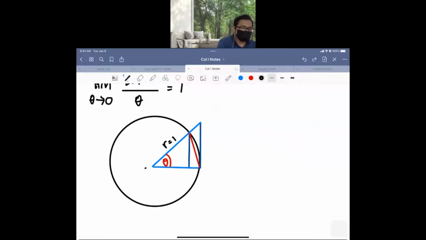So I say this is O, A, this is D, B, C, and let's put another one here, the small part here, and say that this is E. According to our triangle here, sine theta equals, with the triangle inside the circle, the distance BC divided by the hypotenuse, which is 1, so we could say that this is just the distance BC. That's sine theta.